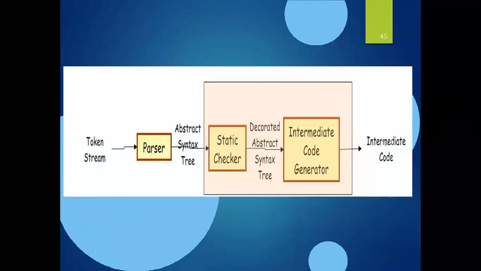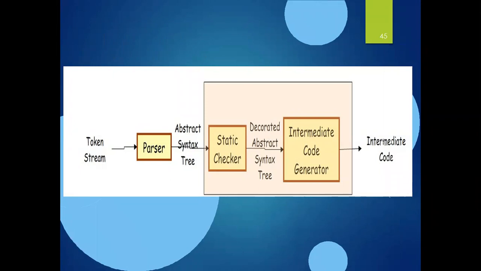And here we have the role of the type checker. The type checker can also be called a static checker. This is the role of the type checker. It starts with the source program. Here my source input is a stream of tokens, and those tokens are given to the parser as input.